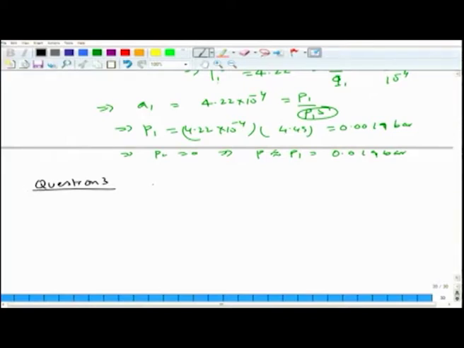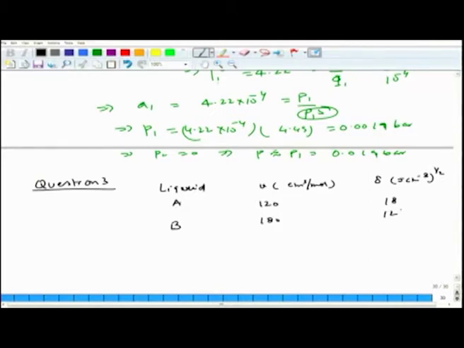You have two liquids given, let us say A and B. The molar volume, given in centimeter cube per mole, is 120 and 180, and the solubility parameters, given in joules per centimeter cube to the half, are 18 and 12.